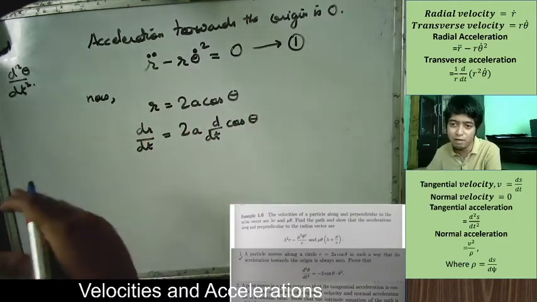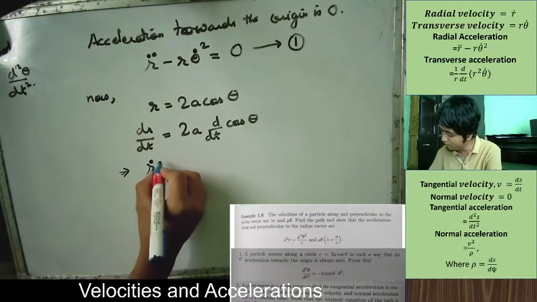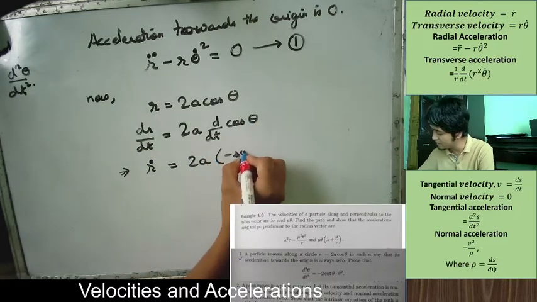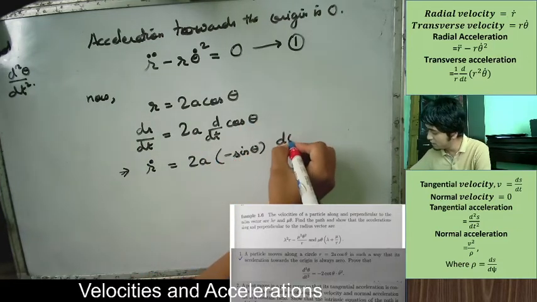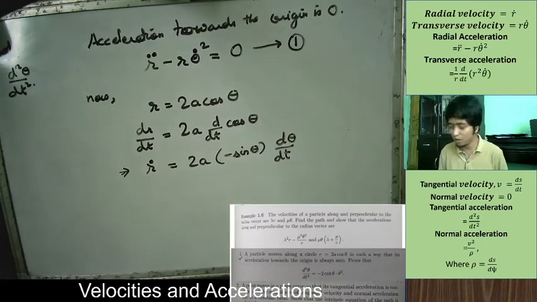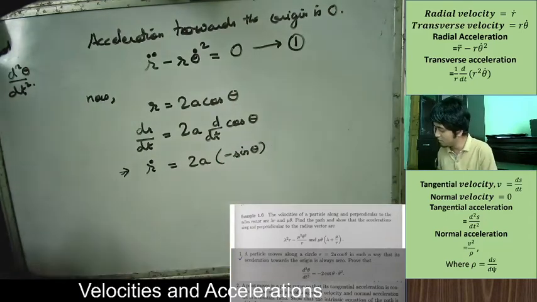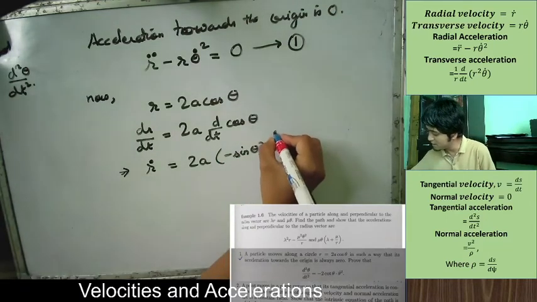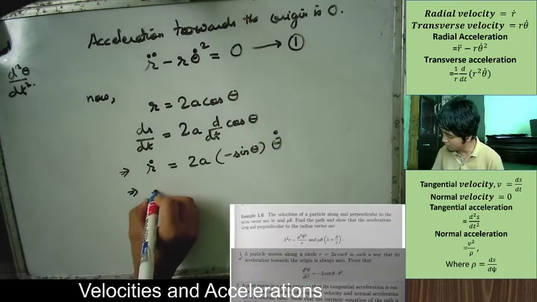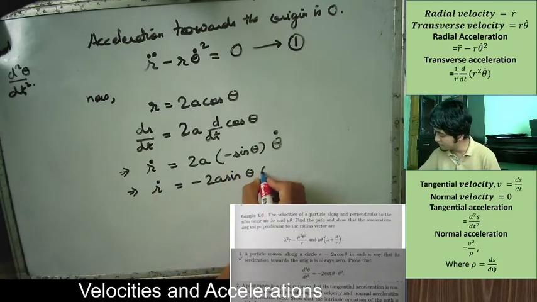Once you are familiar, you can easily skip some steps. dr dt, this r naught, 2a, d dt cos theta will give you minus sine theta d theta dt. But d theta dt can be simply written as theta dot. So we can easily skip that step. Or r dot equals minus 2a sine theta dot.